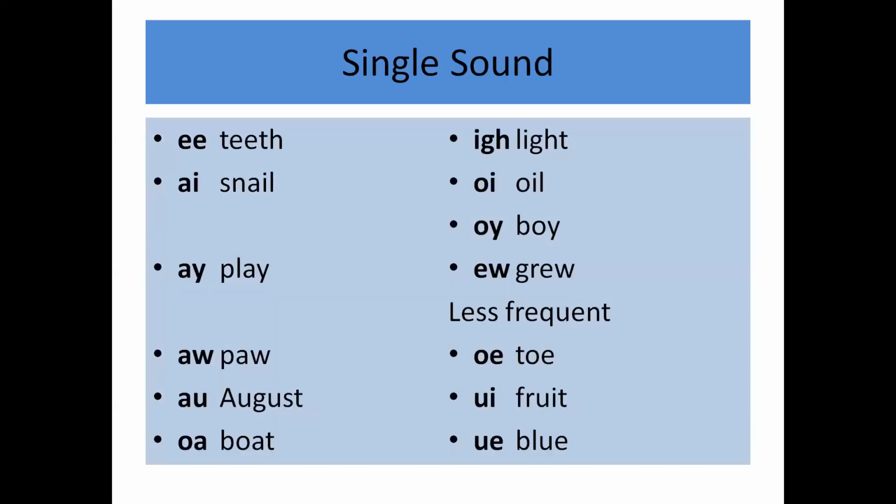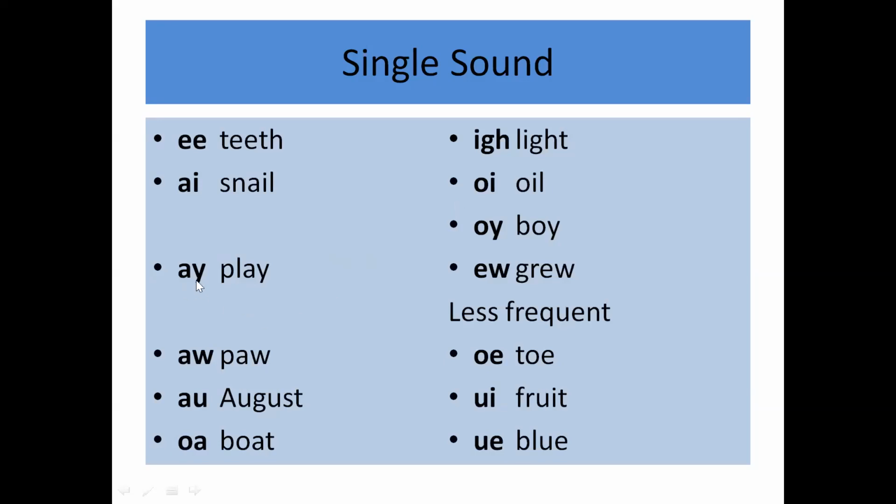So here's a listing of the vowel teams that make one sound in English, okay? And again, you have this on a handout. So I've given the letters and then a keyword here so you can hear it. So this is E, like inside of teeth. This is A, like inside of snail, all right?